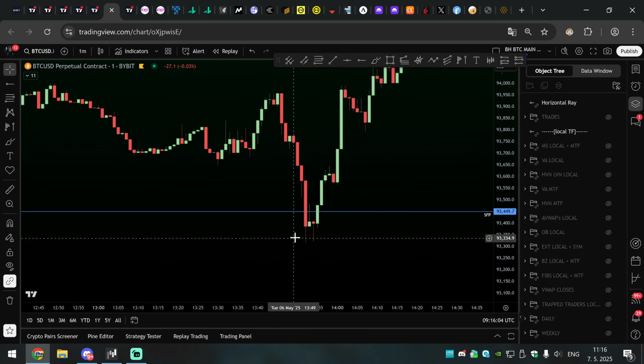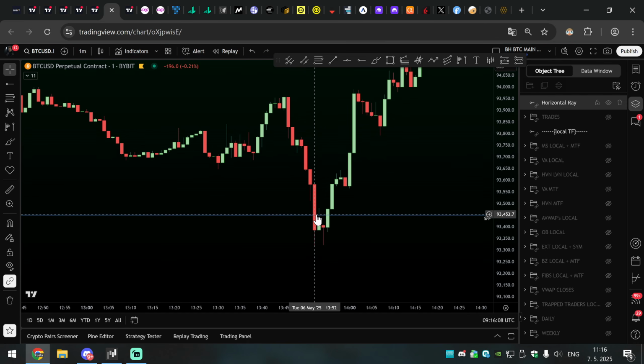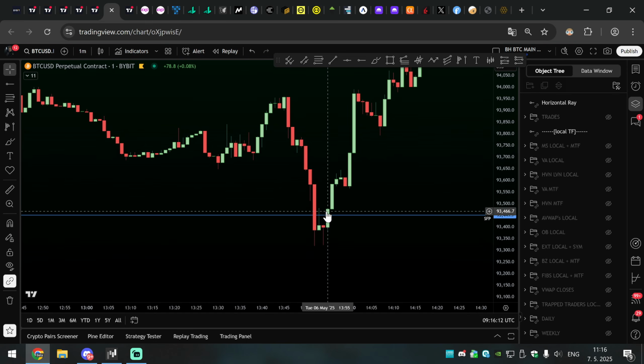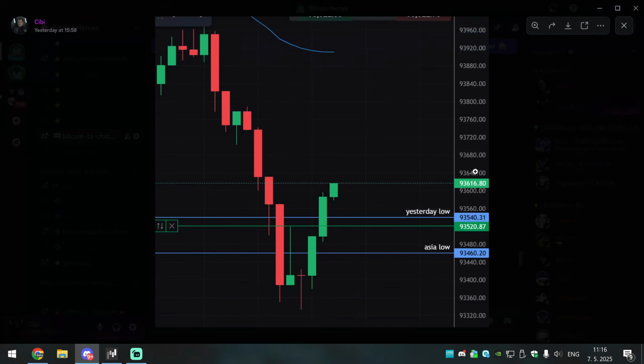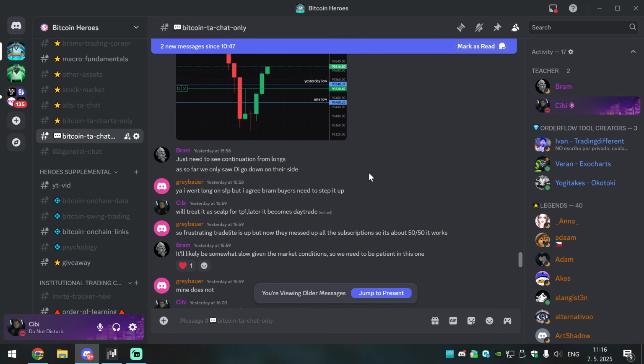Okay, so first you've got the drop. You were rejecting from the swing failure pattern line. Again, a bit of time spent there, but as soon as you come into this candle, I was taking a position. Now let me break down why. I got myself a fresh entry. This was the signal. I just want to let traders know I'm taking the trade right away, so they know they can participate if they have the same triggers as me.